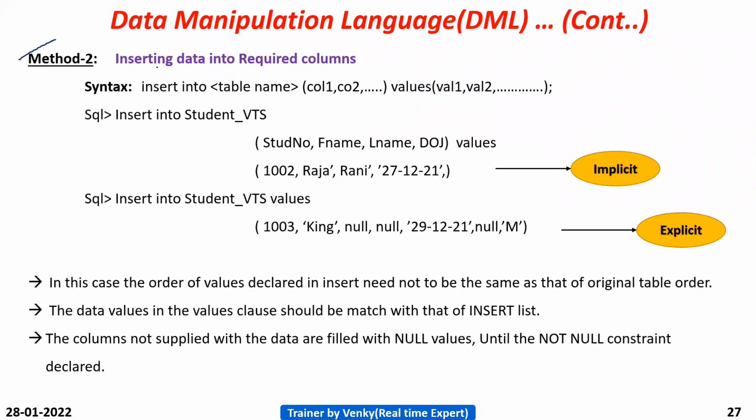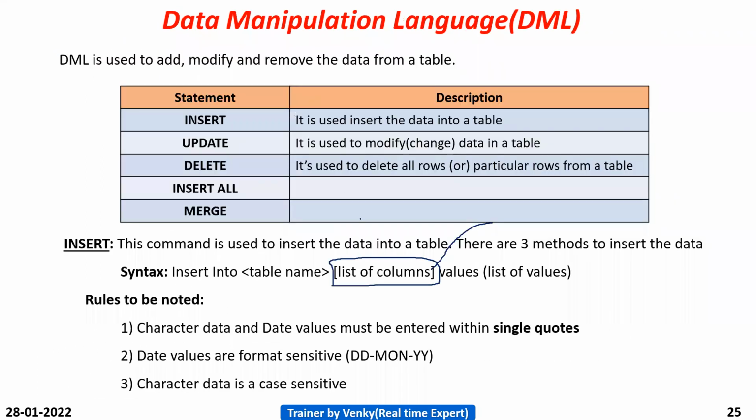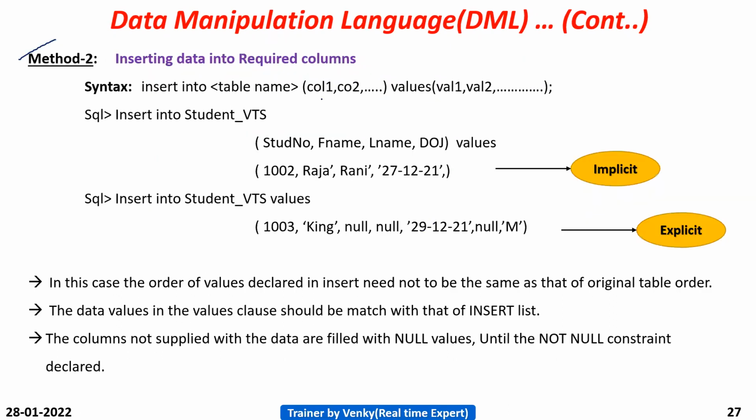Next, if you are inserting into required columns, this list of columns will be added here: insert into table name, column 1, column 2, and so on, however many columns you want to insert, then values, value 1, value 2, and so on.